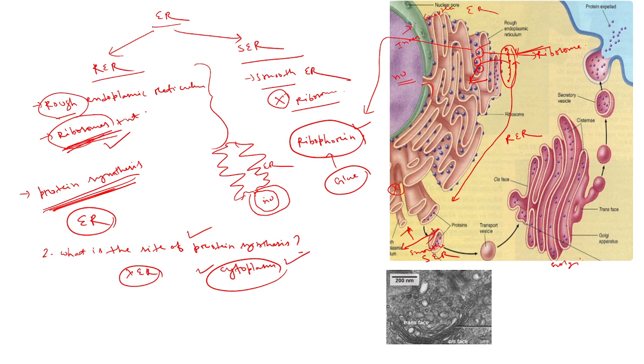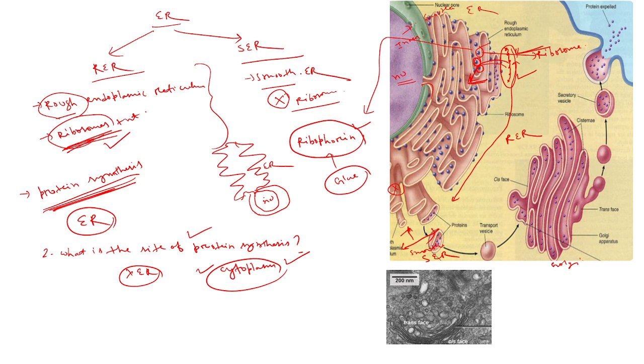But of course the rough endoplasmic reticulum with ribosome helps in protein synthesis. Protein synthesis occurs exactly in the cytoplasm, and after formation it enters inside the endoplasmic reticulum. This is the main function of the rough endoplasmic reticulum.